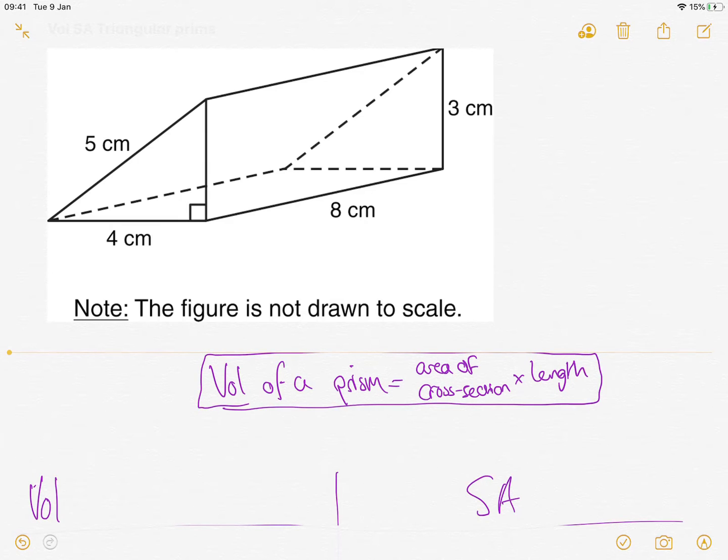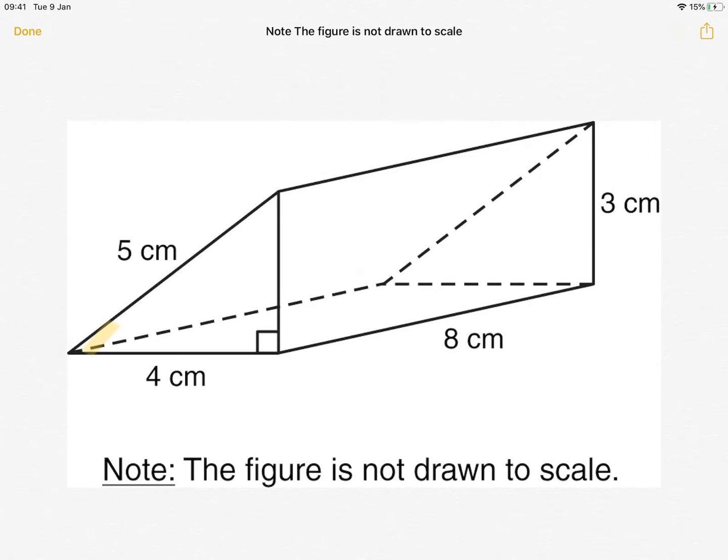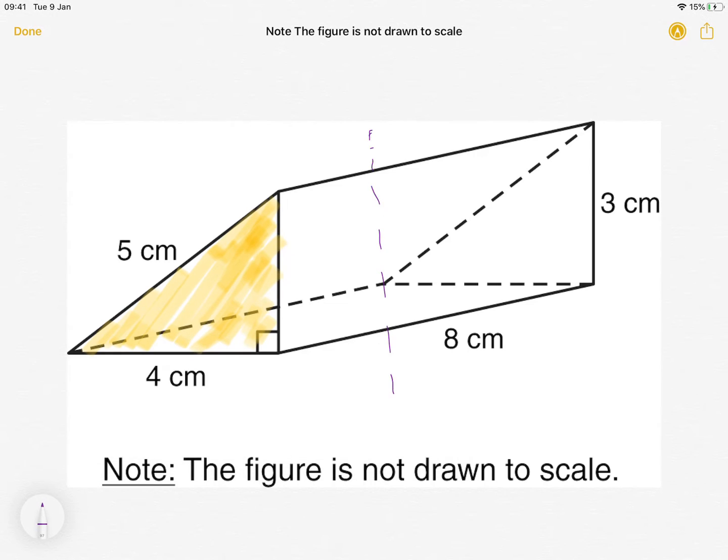Remember, my cross section is, if I cut through that shape, then the cross section will be the same throughout that shape. So my cross section is this triangle at the front here, because wherever I cut through that, say I cut through it here, then I would still find that I have a triangle in the shape, or if I cut through it here, I would still have a triangle as my front and back.